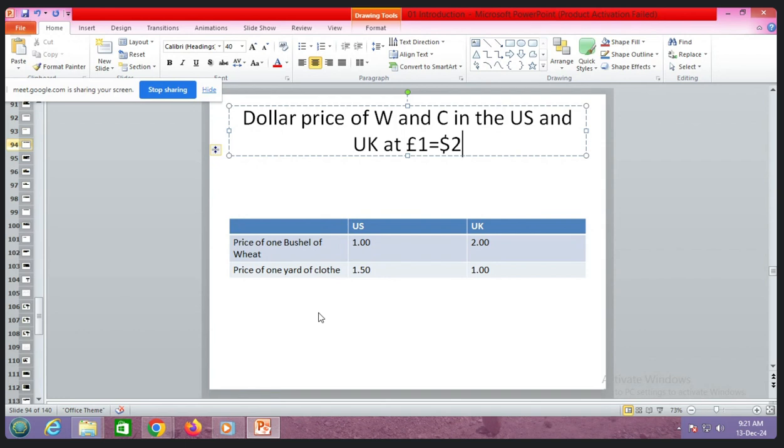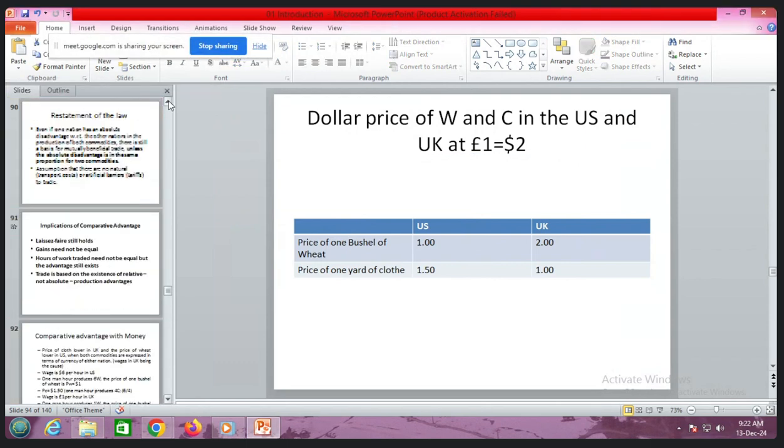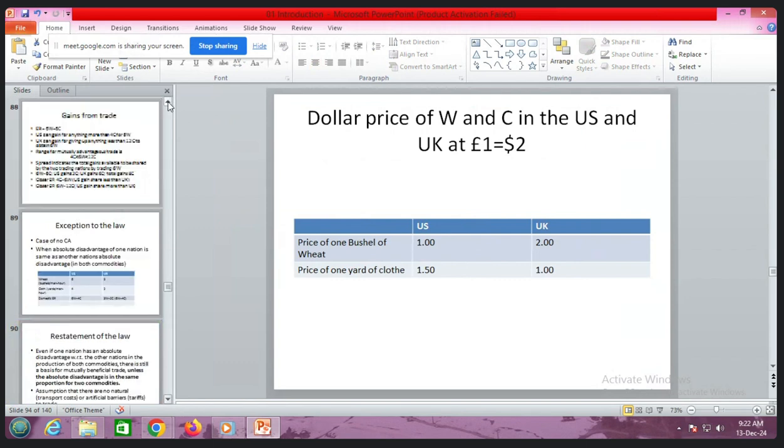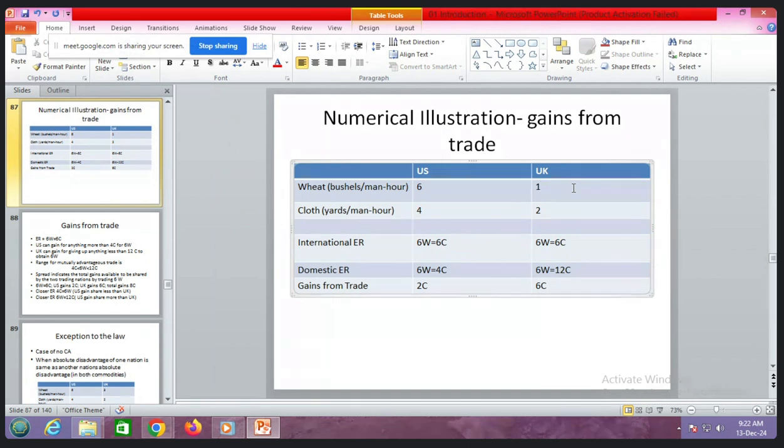Now from where did we get this 1/6 and 1/2? If you look at the initial productivity table here, you see that UK is 1/6 as efficient as US in terms of wheat, and it is half as efficient in terms of cloth.